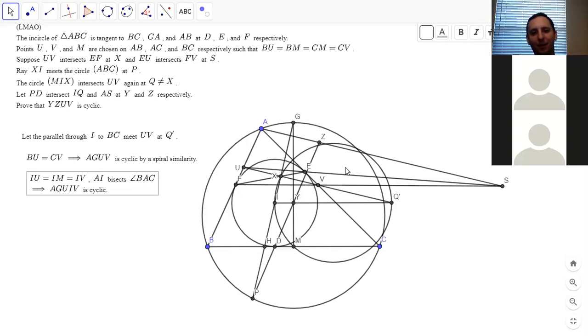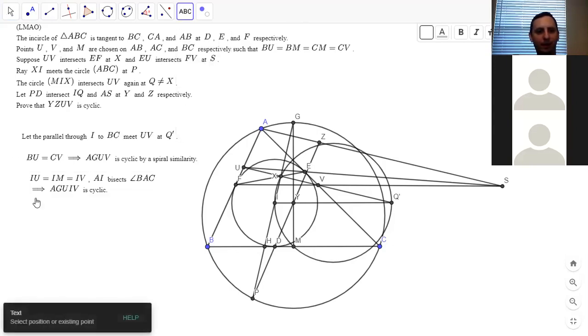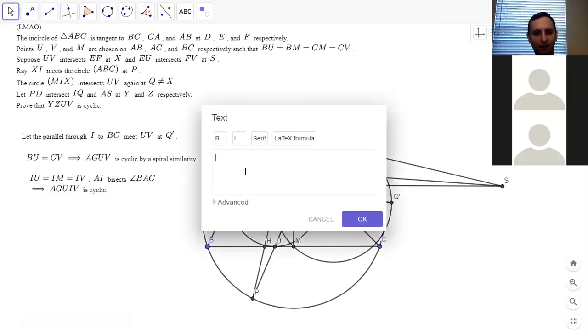I like that. So we need FU equal to EV, and I think we use just the distance.